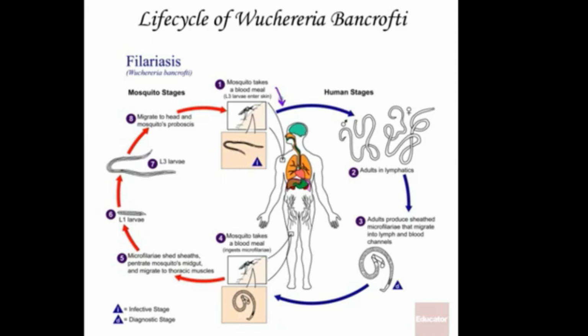It's actually the larvae stage that enters the human host, and that larvae stage travels again to these lymphatics, where these adults eventually grow up and then multiply. So again, remember, we have to have a male and a female living in the same lymphatic system, and that's how reproduction occurs.